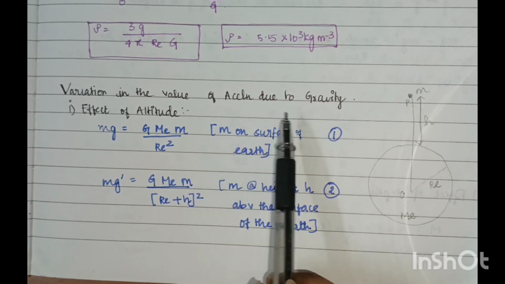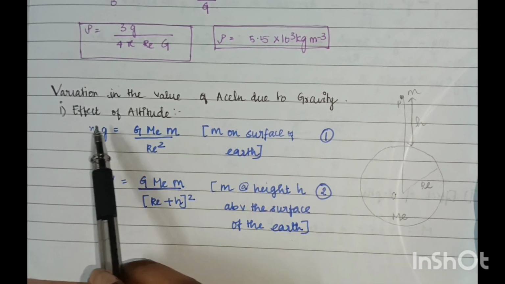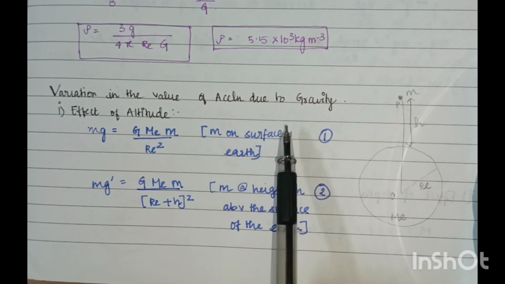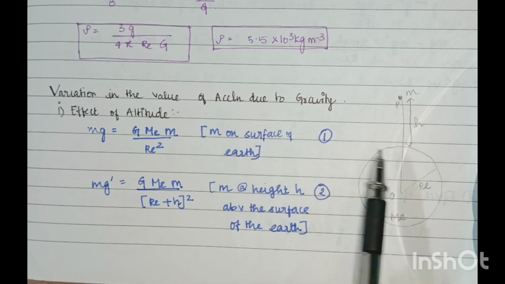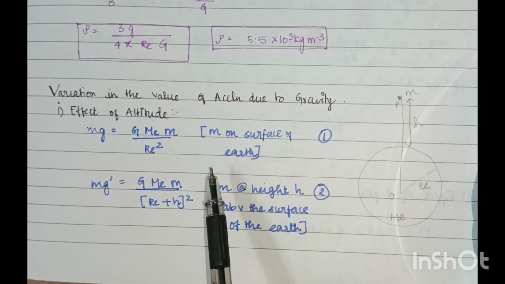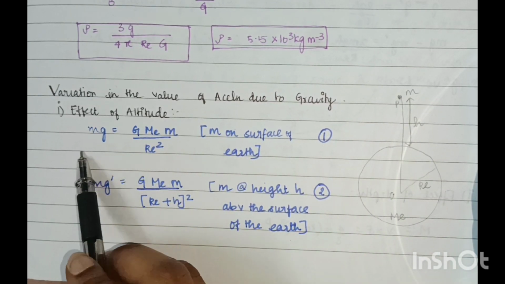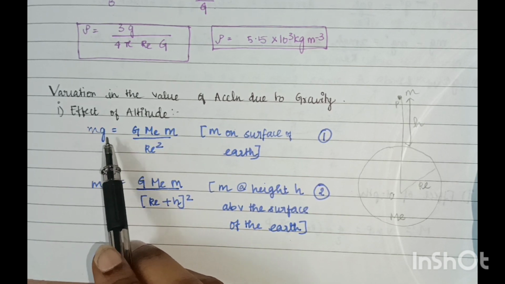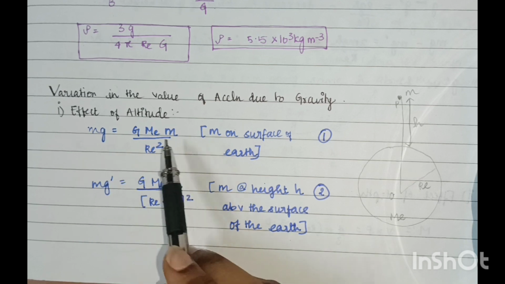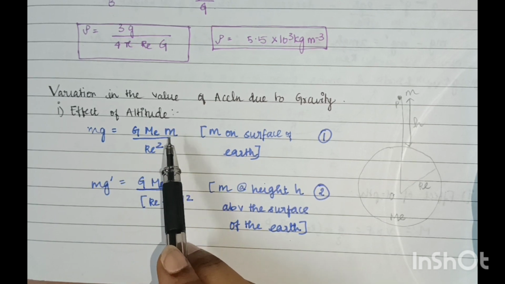Variation in the value of acceleration due to gravity: effect of altitude. We are going to see how the value of acceleration due to gravity changes with altitude, with height. We have already seen why we equate these two things: mg because of acceleration due to gravity, and the attraction force between the earth's mass Me and small m.